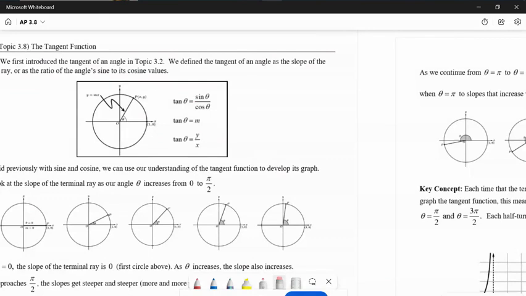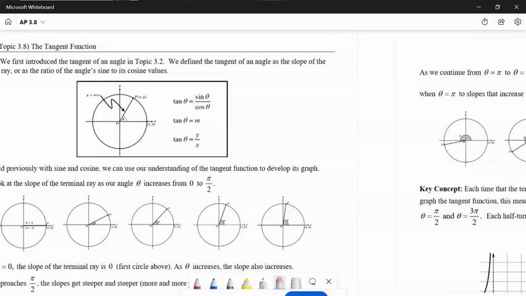So tangent is equal to sine over cosine, and what this really is, is the slope of the terminal side. If I thought about counting slope here, I start at 0, 0. I'm going to go up and over. I'm going up a y amount, which is the same thing as sine, because this point would be cosine, sine.